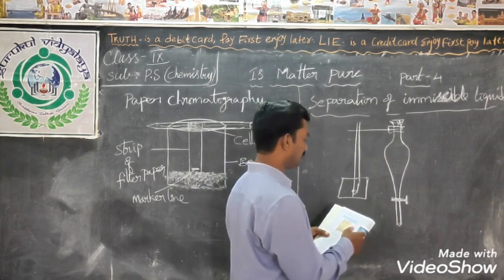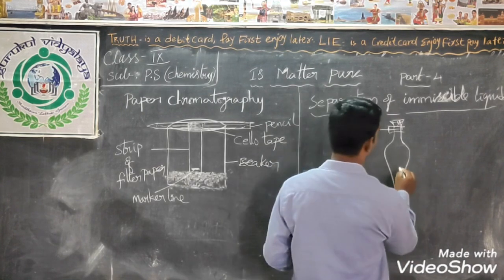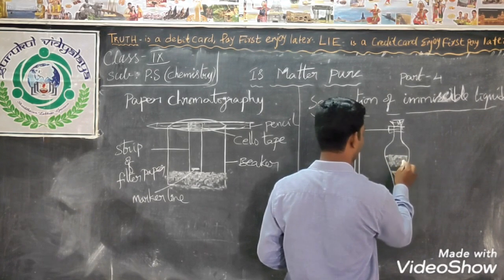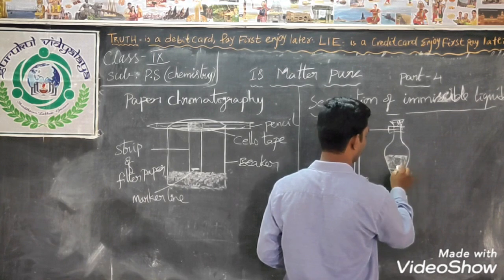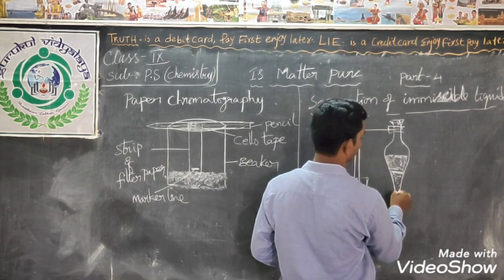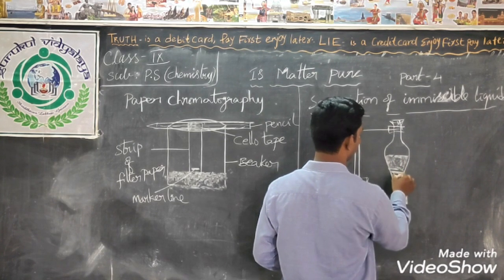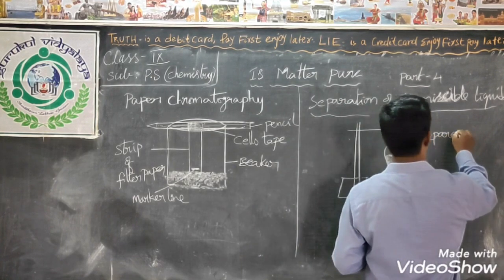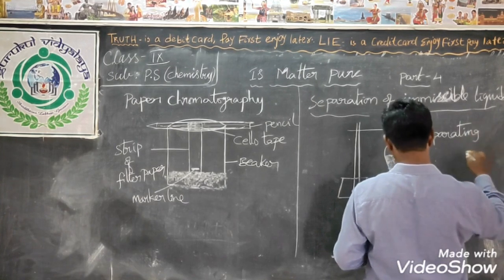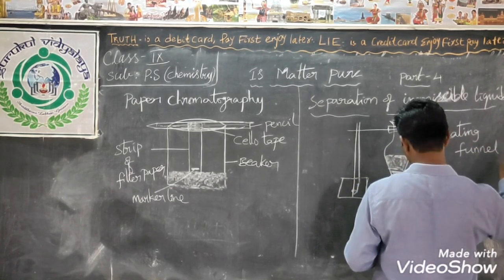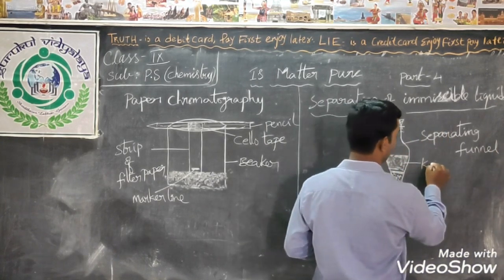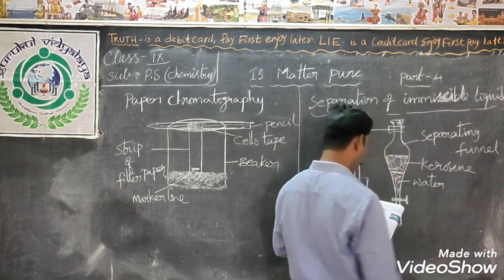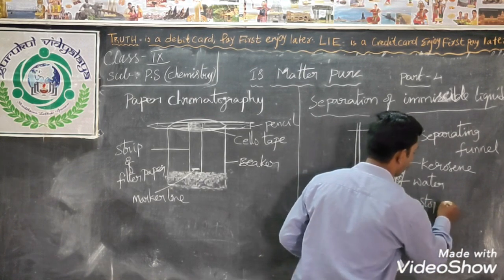In this separating funnel, two types of liquids are placed: one is kerosene, another is water, and this is the stopcock.